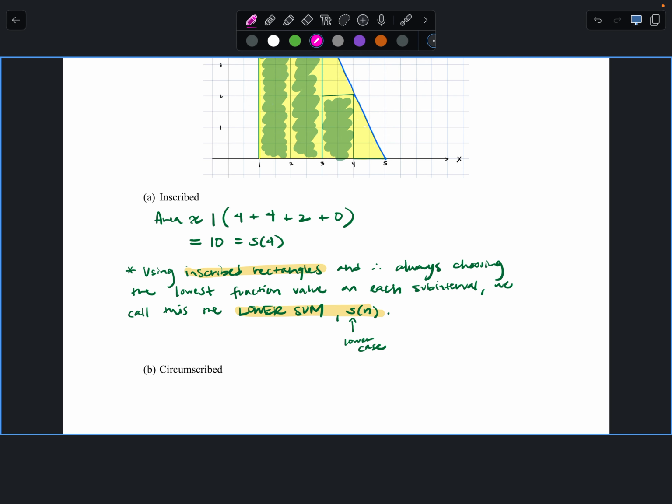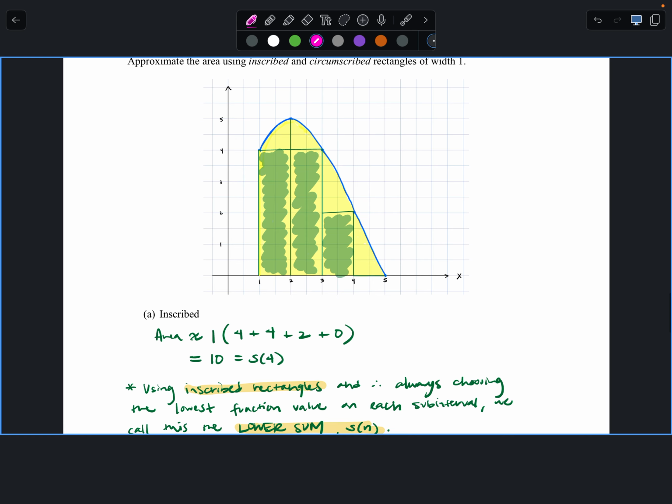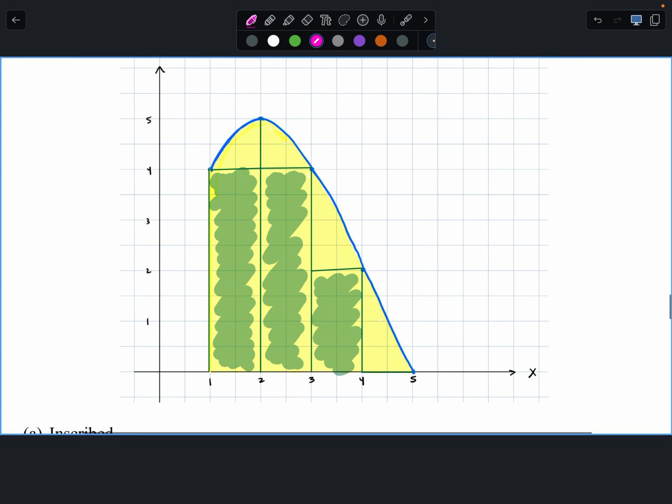Versus for circumscribed rectangles, where we would want to use the largest function value on each subinterval for the height of the rectangle. So there's our first rectangle. There's the second one. Third. And fourth.